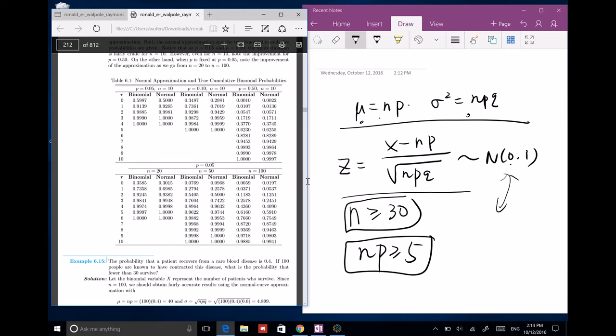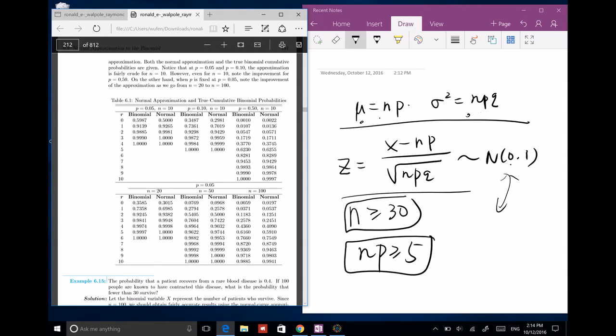Here np is 20 and probability p is 0.05. So when n goes from 20 to 100, they get closer to each other. When n is big, it's better.